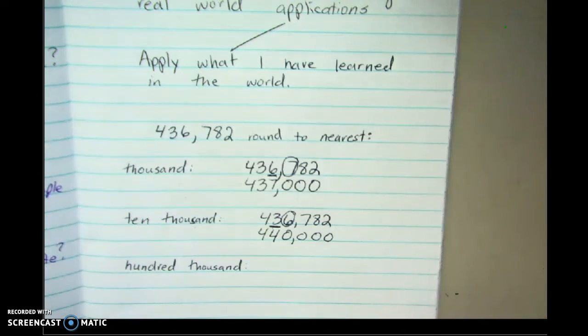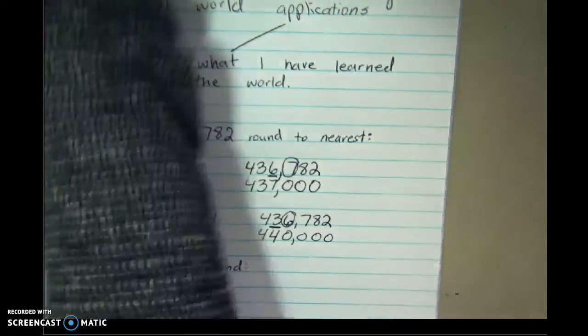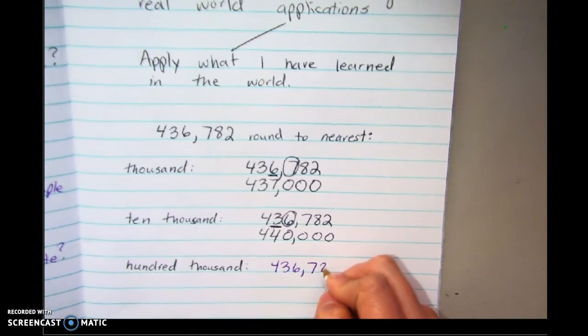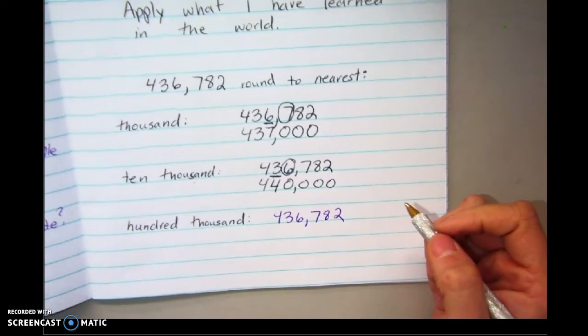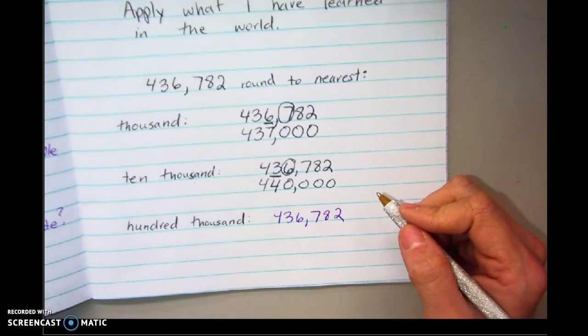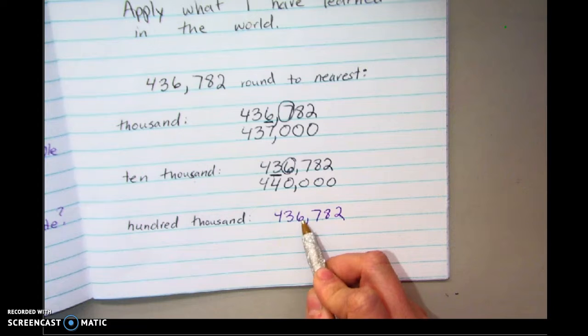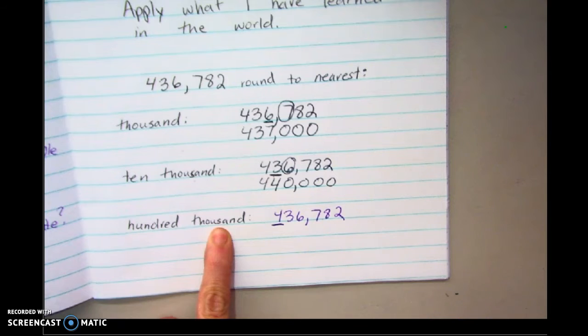I want you to do 100,000s by yourself now. Go. Okay, we're back at it. What do I do first? Everybody tell me, what do I do? Write the number. The number is 436,782. I changed my pen color on accident. Okay, so now I'm going to underline the place value. Here we go. Ones, tens, hundreds, thousands, 10,000s, 100,000s is where I want to stay.